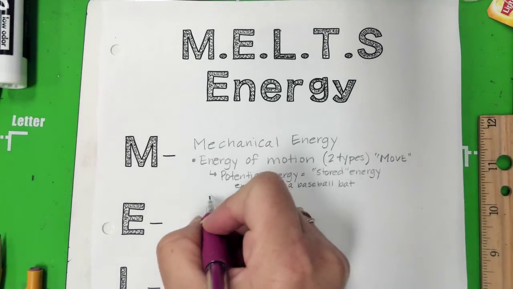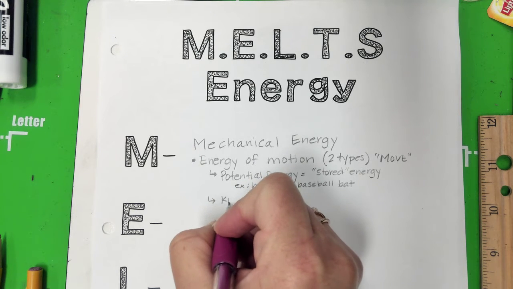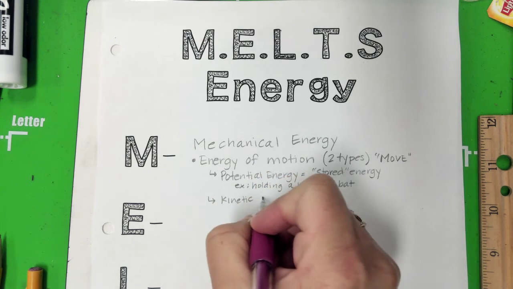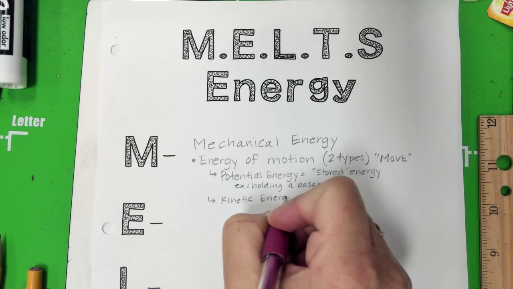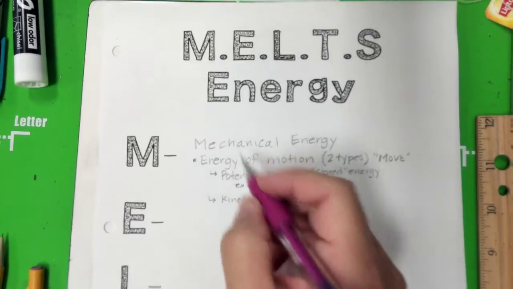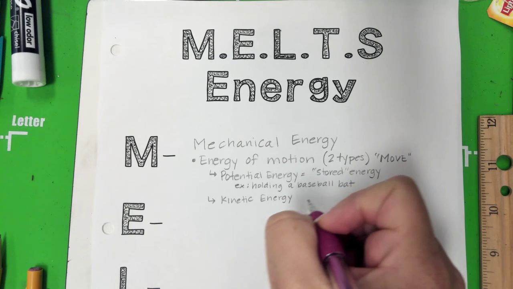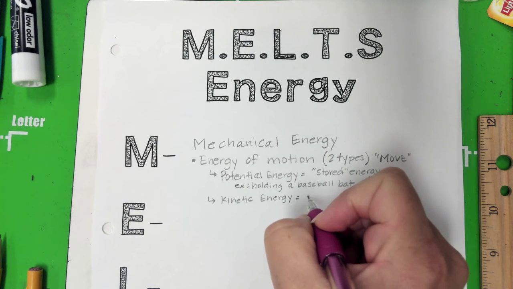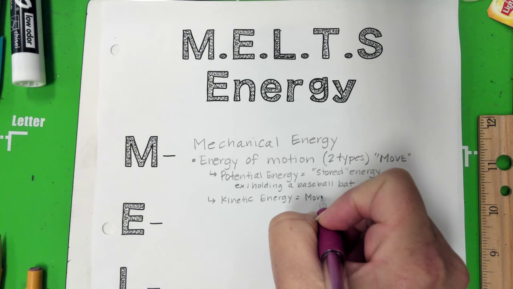Your second is kinetic energy. Depending on where you wanted to go, you might want to start up a little bit higher. But kinetic energy is going to be the true moving energy.